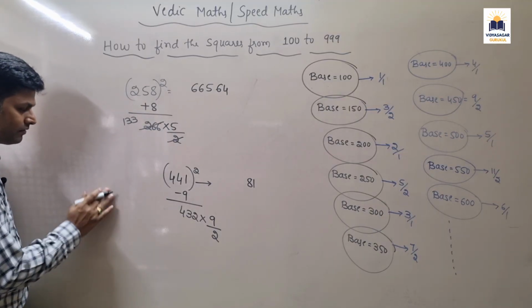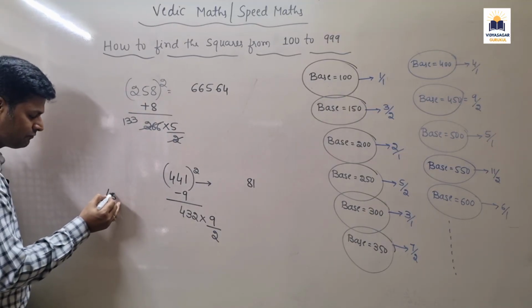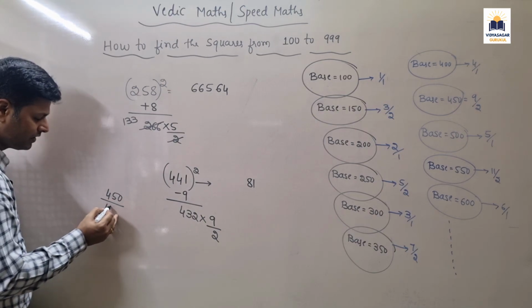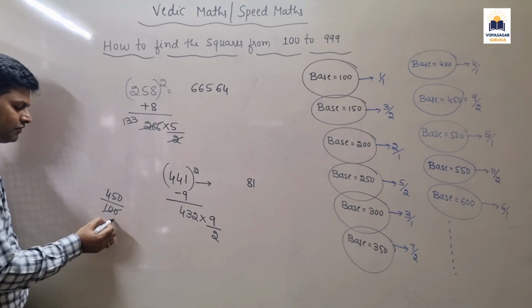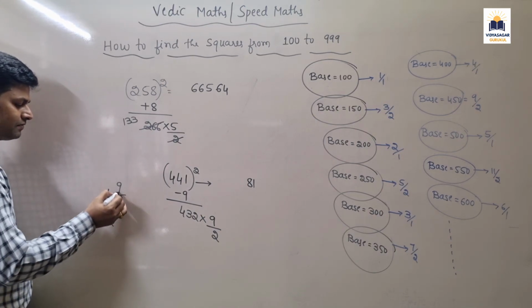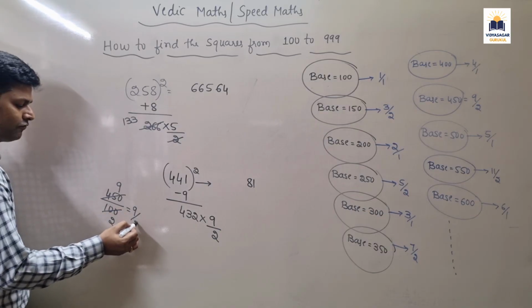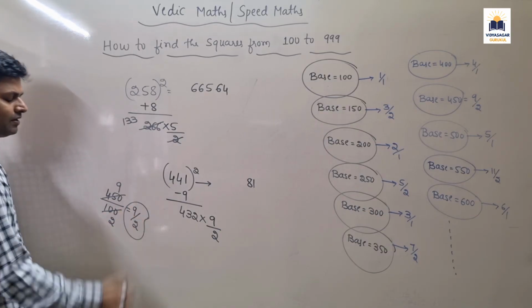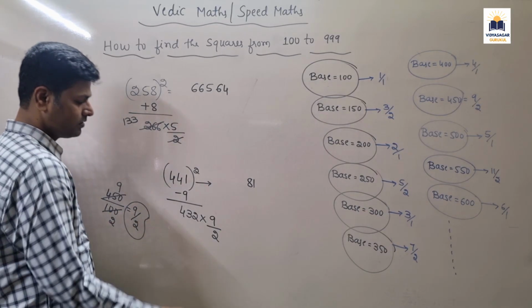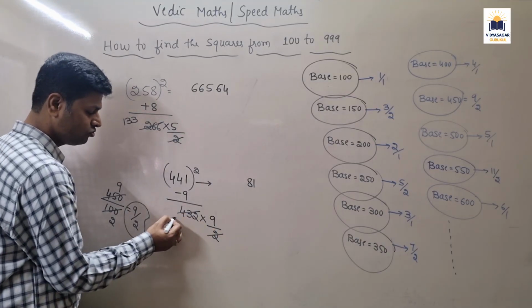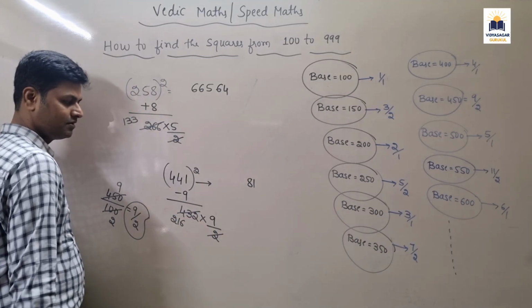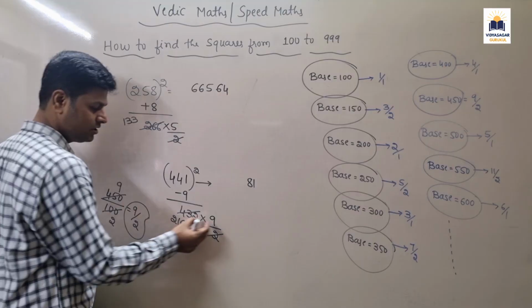like we are always multiplying the base 450 and we are always dividing by 100. So the base 450 means you can write it directly 9 by 2. Okay. So now 2 ones are 2, 216 times, and 216 into 9.